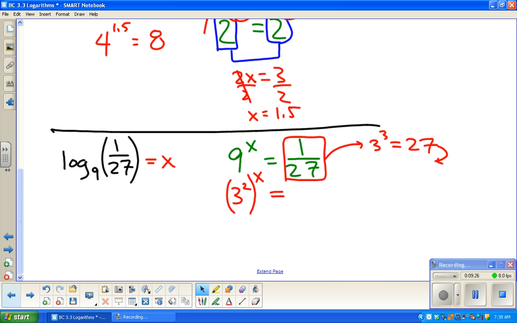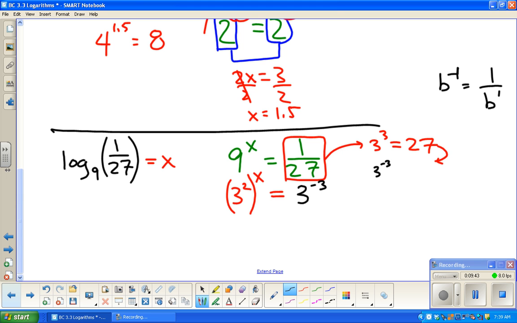I need to remind you that if I have something raised to a negative power, it is the reciprocal. So in other words, this is really 3 to the negative third. So 3 to the third is 27, so 3 to the negative third must be the reciprocal of 27.